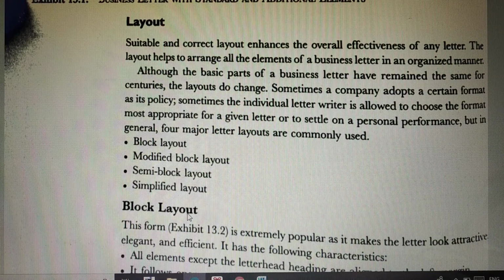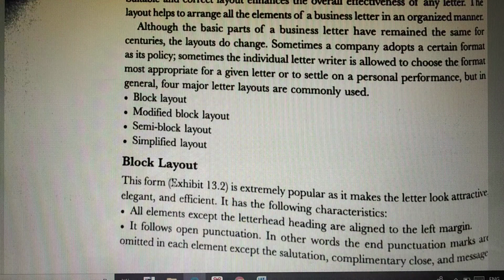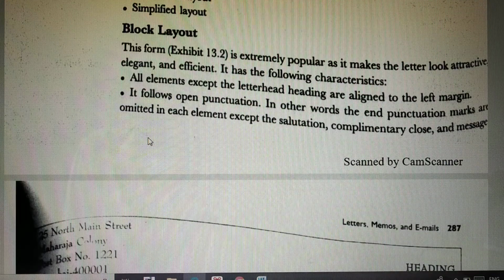Now if you know letter writing, the further part we need to learn is the layouts of business letters. Business letters have 4 layouts: block layout, modified block layout, semi-block layout, and simplified layout. See, first of all, block layout.